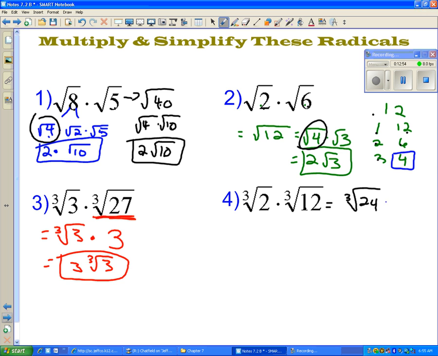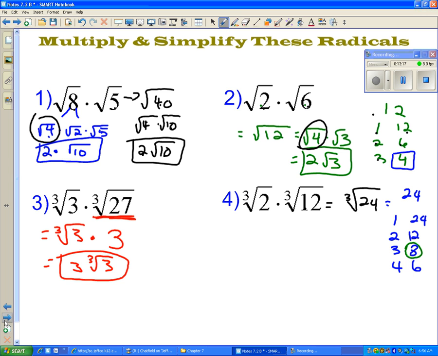Well, let's see. 24, my factors are 1 and 24, 2 and 12, 3 times 8, 4 times 6, 5 doesn't work, but then 6 times 4 is a repeat, so I have them all. I need to realize that 8 is a perfect cube.